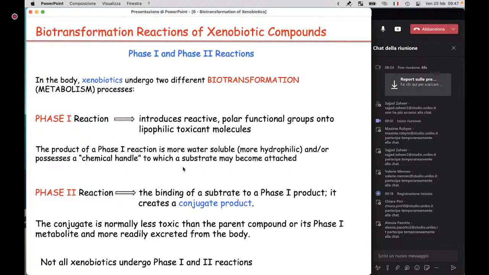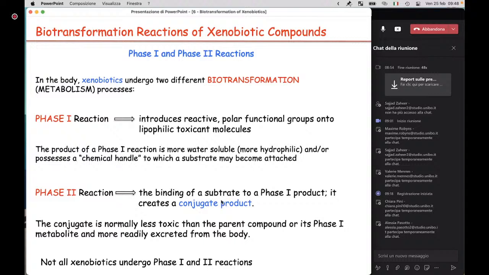Phase 2 reactions are called conjugation reactions because we have the binding of an entire substrate, an entire molecule, okay? In phase 1, we have just usually a small polar functional group attached to a molecule, or we break down the original molecule to expose some functional groups.